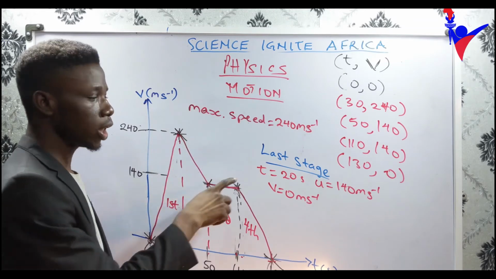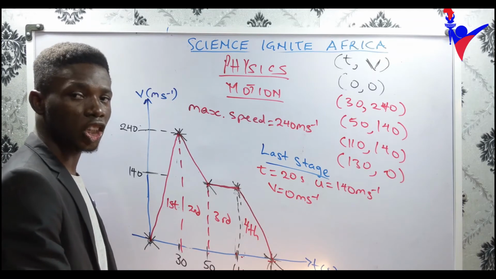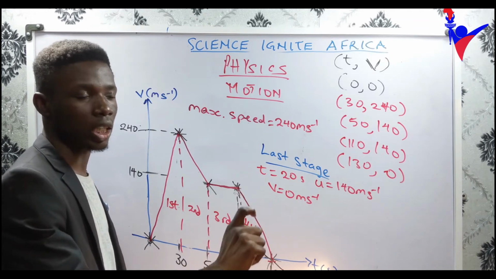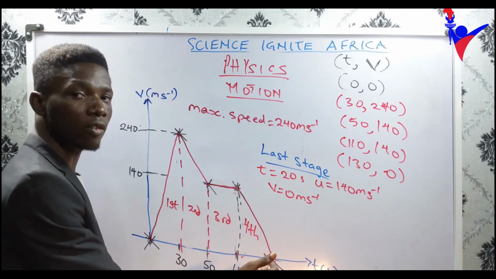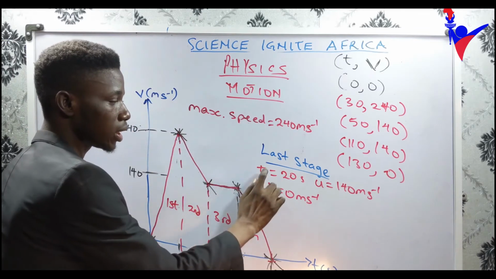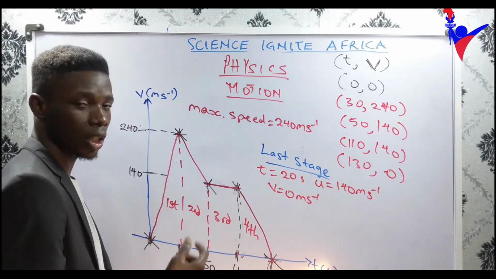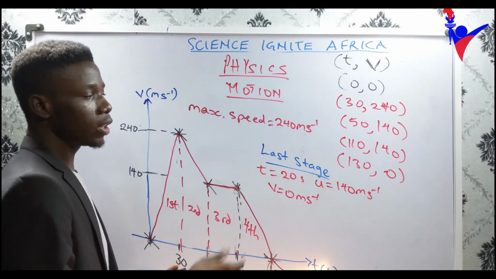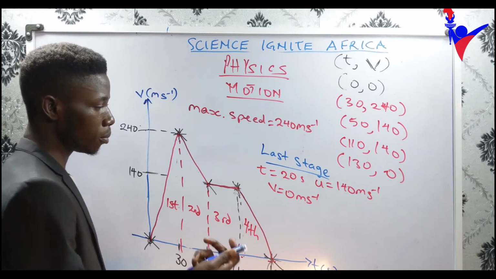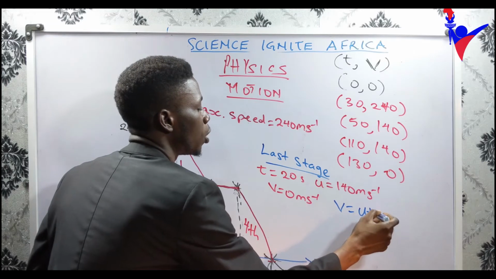And we will confirm here whether what we have been saying about deceleration being the negative of acceleration is actually true. Obviously, from this graph, you can see that this fourth stage is a case of deceleration. Now, we have the time given, the initial velocity, and the final velocity. We are looking for the acceleration. So, quoting the formula that we've been using from onset, v equals u plus at.